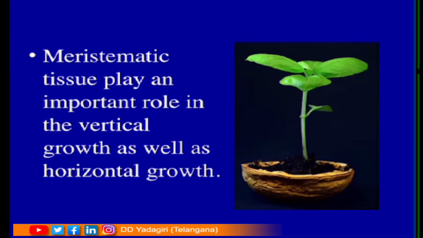This is the function of meristematic tissue. This meristematic tissue continuously divides, thereby the plant grows vertically and also horizontally. That is why after certain years you can see the small plant turning into a big tree.